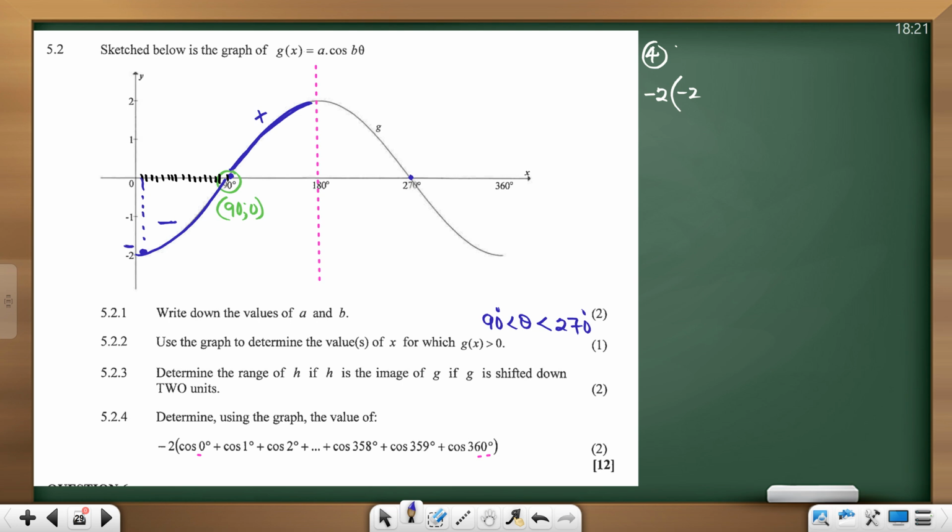But this value is also cut out from here by the value. Okay, check first. Let's check something. -2 here, right? Cos 0 is -2. What is cos 180? I add that together. What happens?